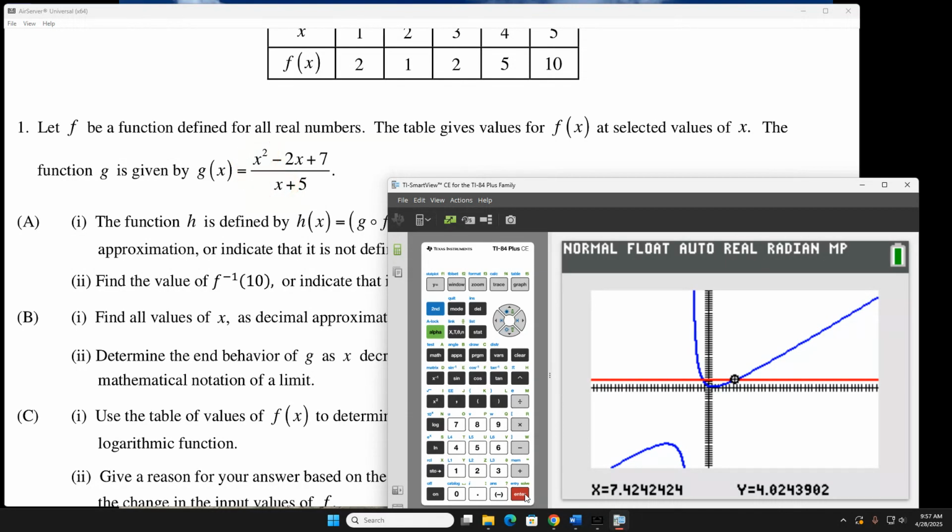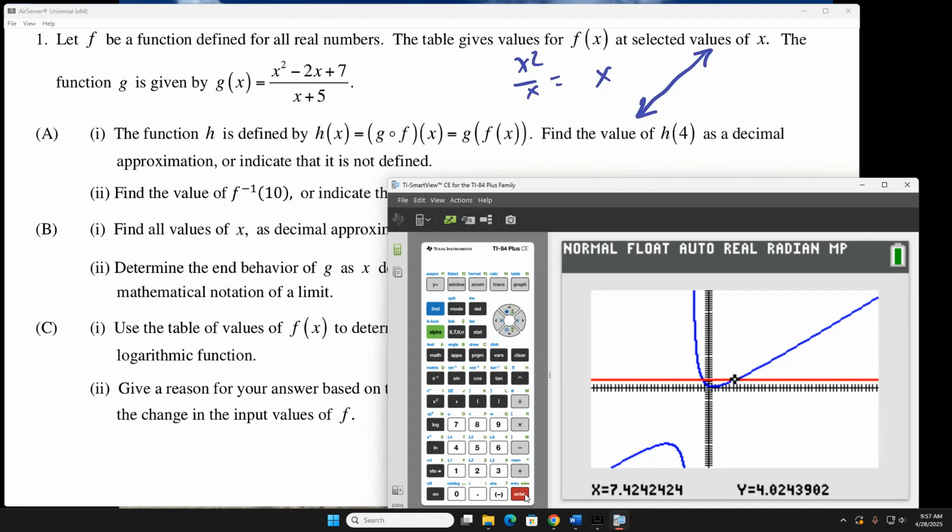So when we divide x squared by x, we're going to get x. And so this function at the ends is going to act just like the line y equals x. So on the left it's going to fall, and on the right it's going to rise. Anyway, that's how you can do it algebraically. Sometimes they make that a hard question to get right. Sometimes it's an easy question to get right.